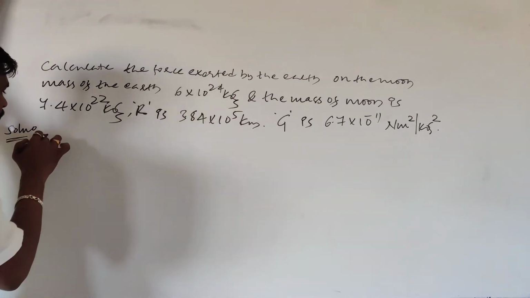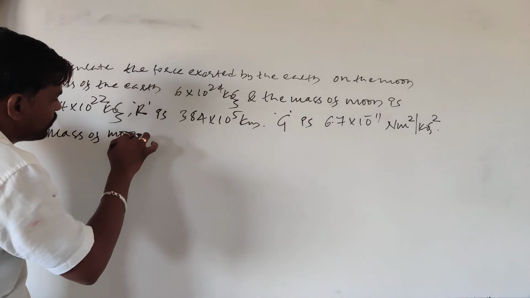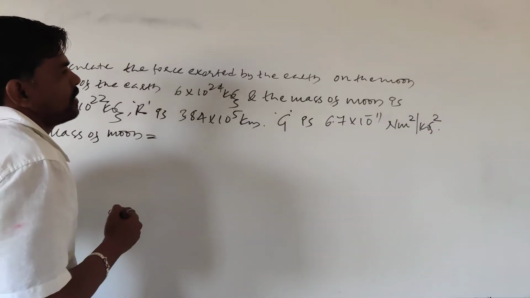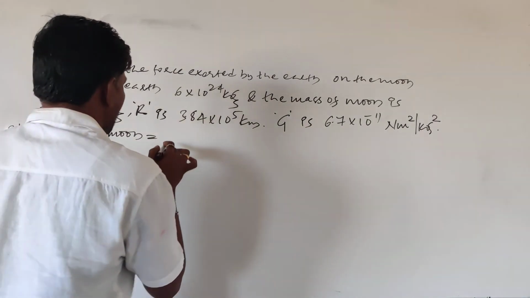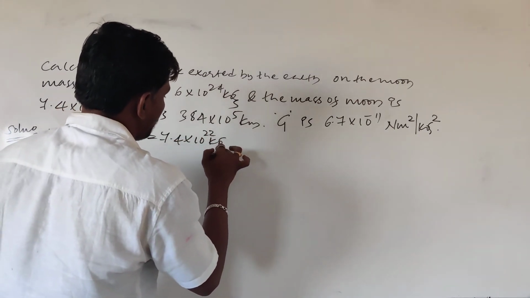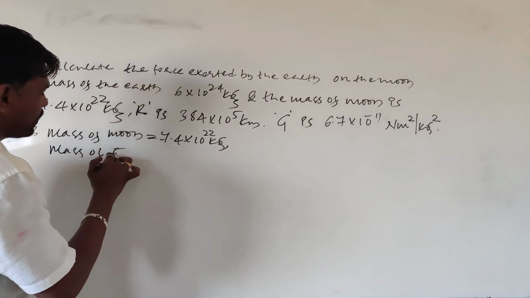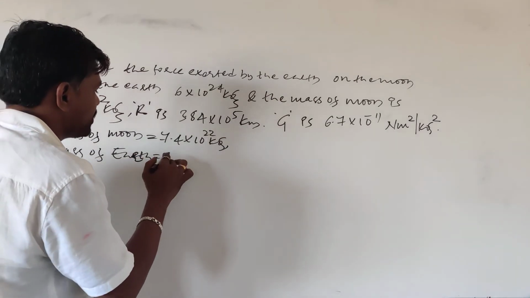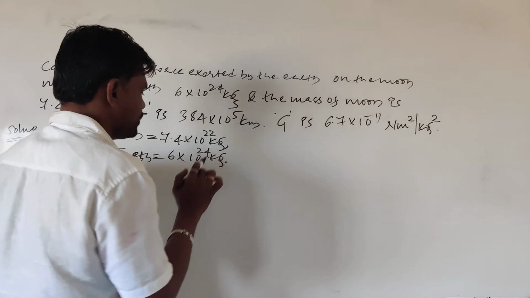Mass of moon, how much is it given? 7.4 into 10 raised to 22 kg, right? Then mass of earth is 6 into 10 raised to 24 kg.